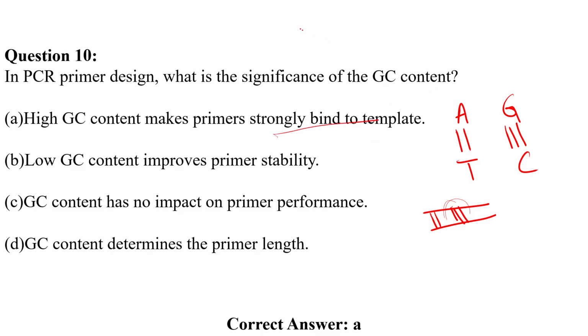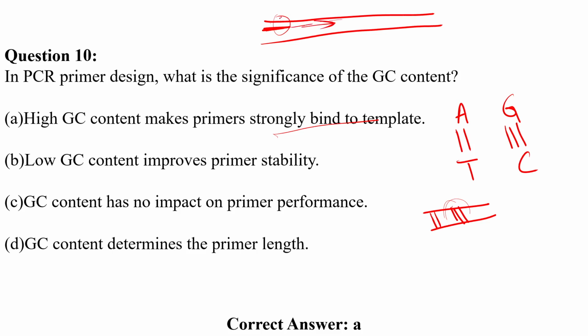So when we are designing primers, we have a long template and now I am designing a primer that will anneal to the starting part of the gene of interest wherever I am going to do the amplification. So this primer has to strongly bind to this region. Otherwise, first binding will happen and then the polymerase will come and do the extension step.